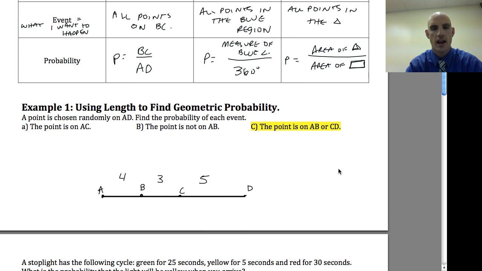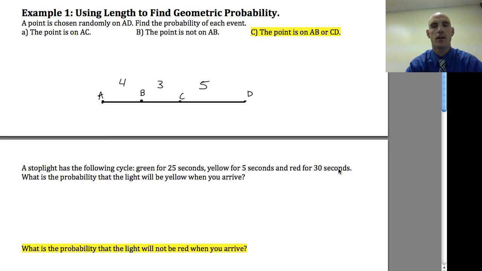And so when I look at an example of this, I'm really just saying take this and apply it to a certain specific point. A point is chosen randomly on AD. Find the probability of each event. Well, the probability of each event is equal to my event over sample space.